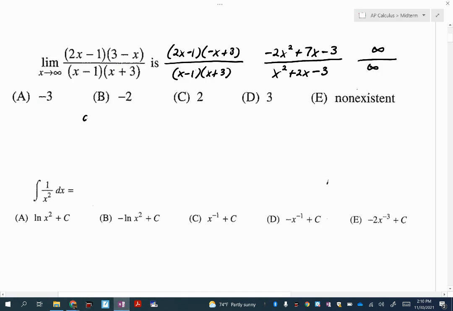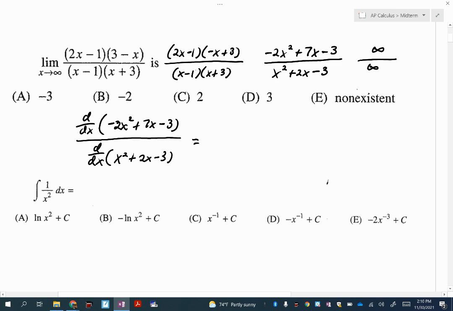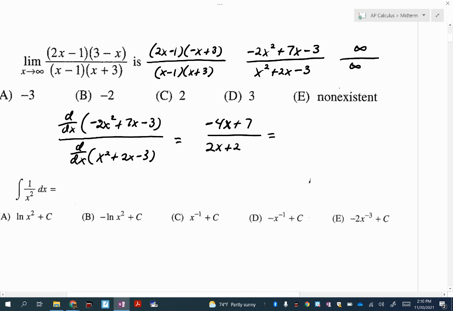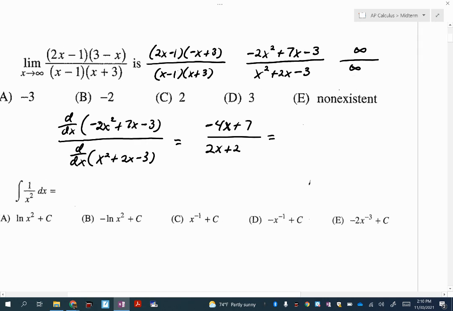And so I'm going to do the derivative of negative 2x squared plus 7x minus 3 over the derivative of x squared plus 2x minus 3. So that's going to give me negative 4x plus 7 over 2x plus 2. All right, when I plug in infinity there, I'm going to get infinity over infinity again.